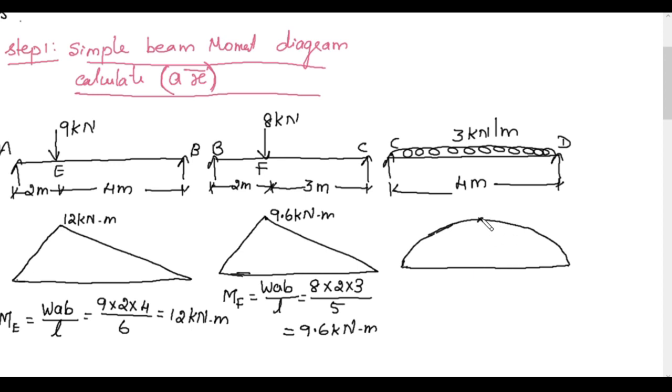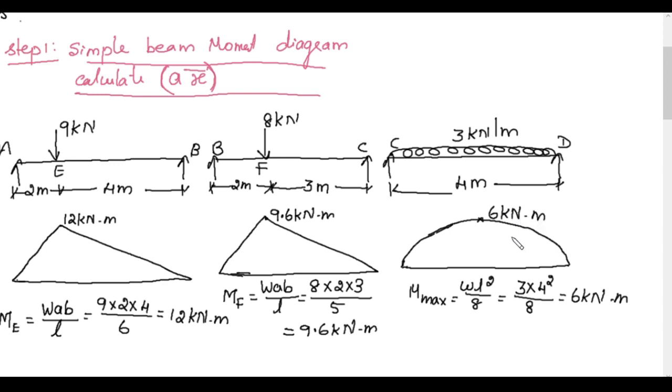The maximum value will be at the mid of the span, and M max will be equal to WL square by 8. So here it is 3 into 4 square divided by 8. We get 6 kilonewton meter. So the maximum bending moment at this point is 6 kilonewton meter.